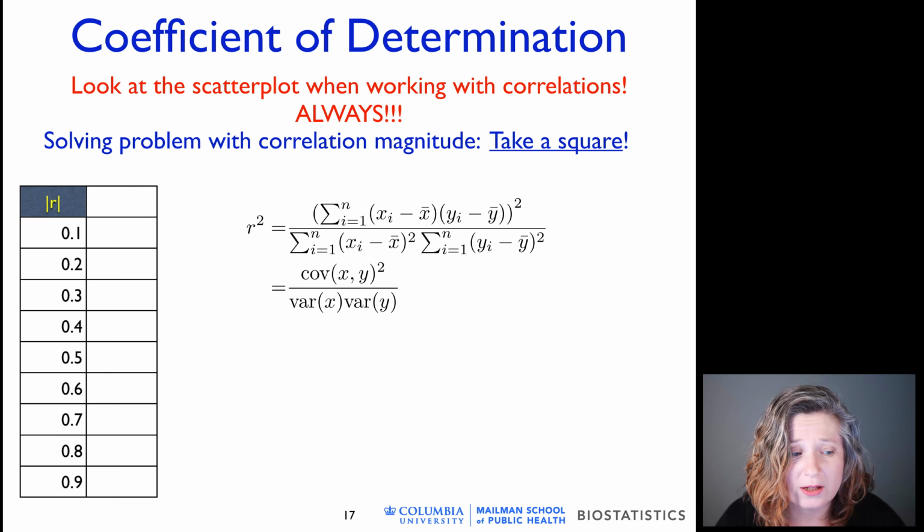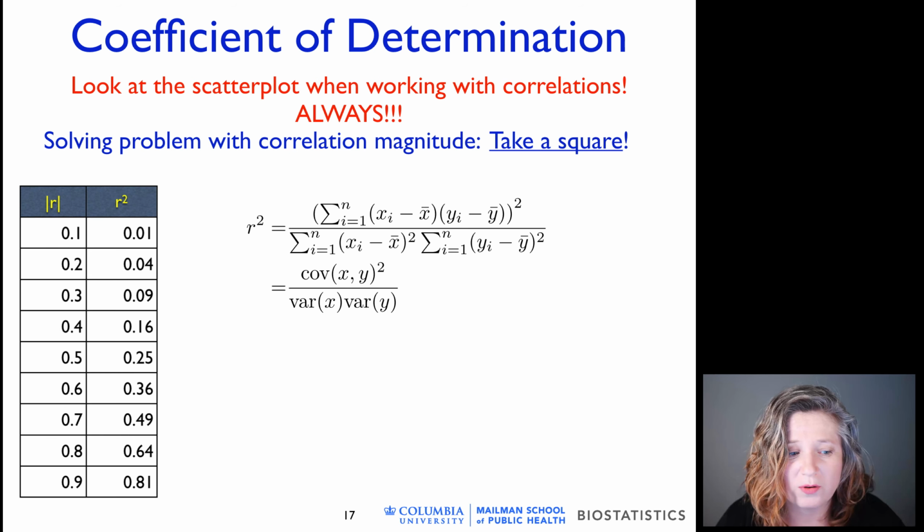So here it is. Here I have correlation coefficients. I took them in absolute value, so either 0.1 or 0.2 or 0.3. They could be plus or minus. But when I square it, the plus or minus goes away, and we basically get a plus. So what will be r squared for 0.1? Correlation squared for 0.1 will be 0.01. Correlation squared for 0.2 will be 0.04.